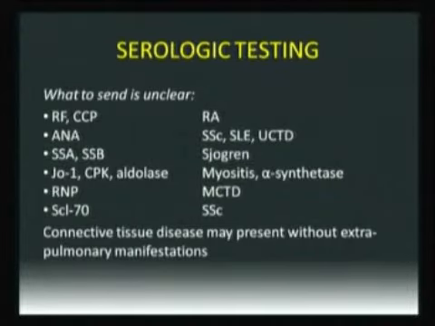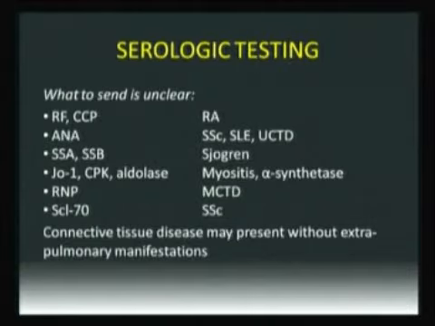What we usually do is test for RF and CCP for rheumatoid arthritis. ANA test, very non-specific at low titers. SSA, SSB for Sjogren. Jo-1, CPK, aldolase for myositis. RNP for mixed connective tissue disease.